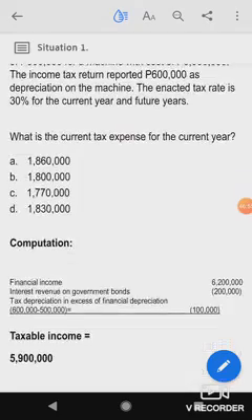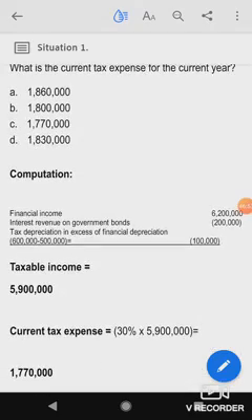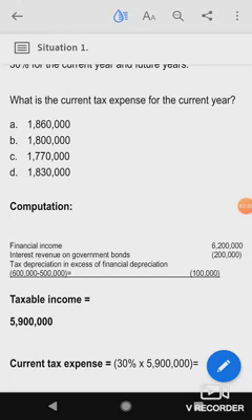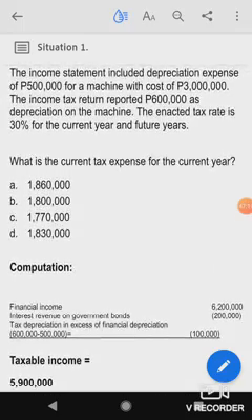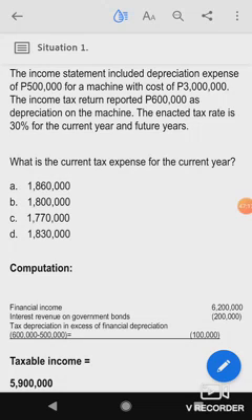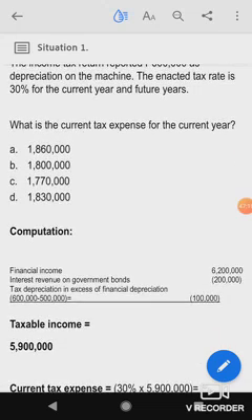So therefore, we deduct another 100,000, which is the difference between what's reported and what's in our books. So we reconcile the discrepancy of negative 100,000. It's supposed to be 600, but however in the income statement it's only 500,000.